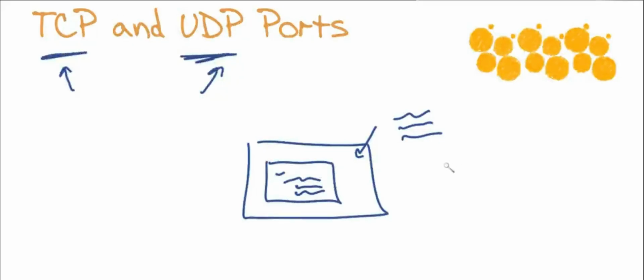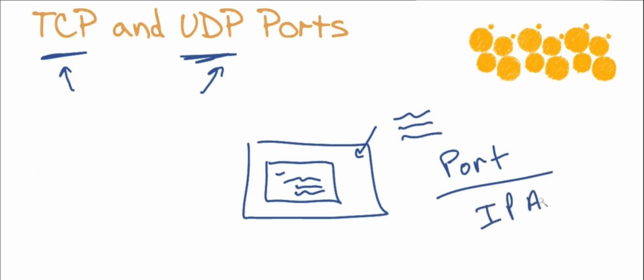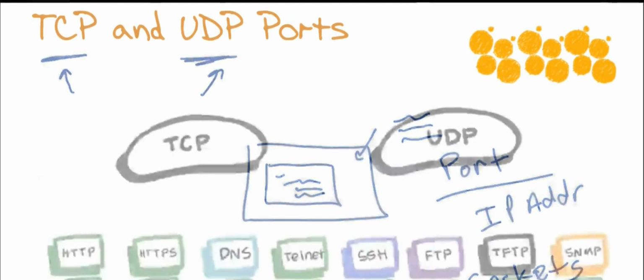There are simple numbers called port numbers that can indicate where this information is supposed to go. In fact, when you combine the port number with the IP address of the machine, you have what's called a socket. So we have ports and sockets that are utilized to handle the addressing here to get the information to the correct place.